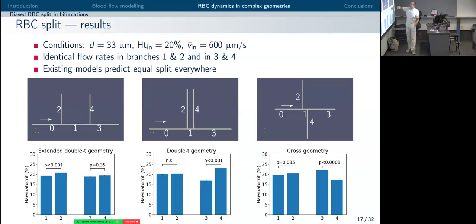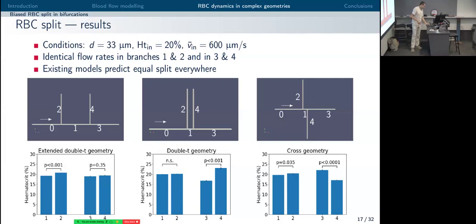And interestingly, when you now flip branch 4 over to the bottom, then you see that branch 4 gets fewer red blood cells. So it's actually the branch that stays at the top, basically. So compared to branch 4 on the right-hand side, branch 3 is at the top, right? Because 4 goes down. But in the middle, branch 4 goes up and 3 is straight. So the one that tends to go up has a higher hematocrit.